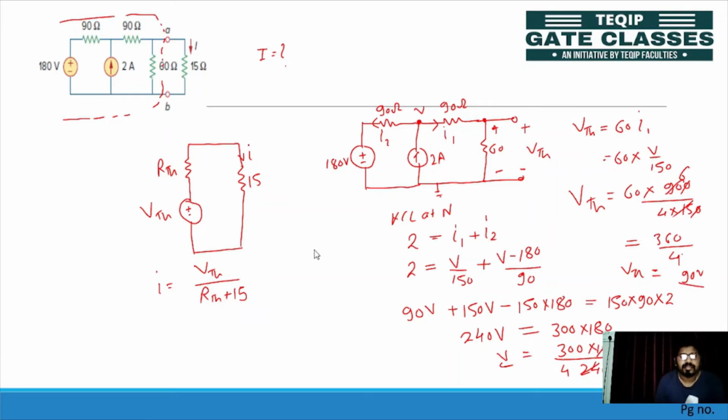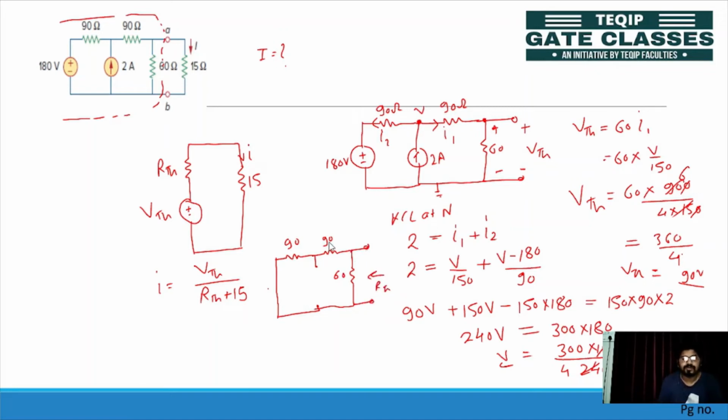And then second thing, you have to find RTH. For RTH you have to turn off the independent sources. So let's turn off this voltage source. Here is 90 ohm. Turn off this current source also, and here again 90 ohm, and this is your 60 ohm. 90 and 60, and at this terminal you have to find RTH.